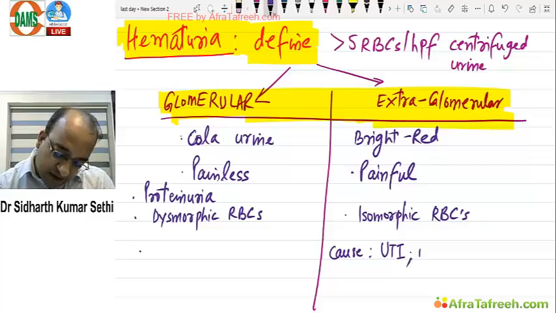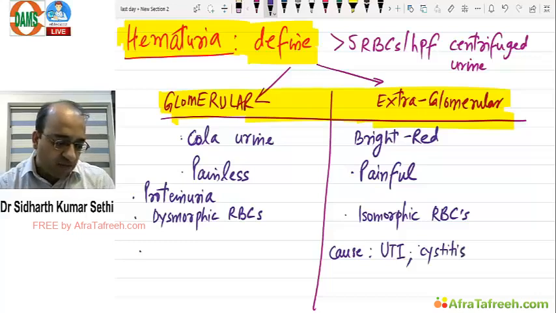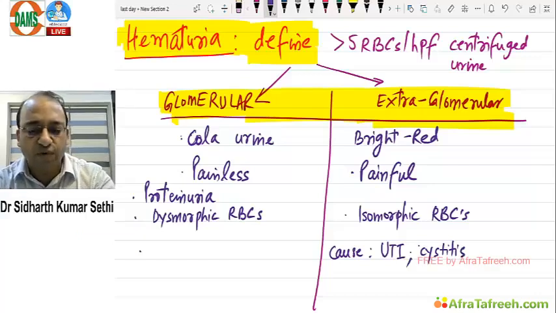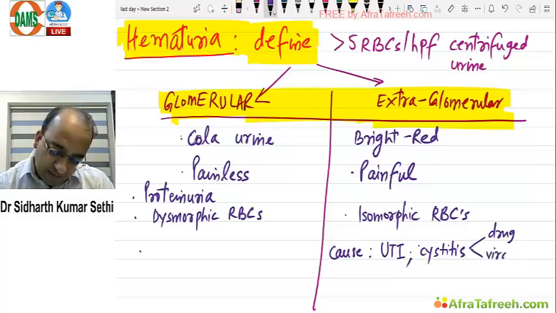Other causes can be hemorrhagic cystitis. Let's write hemorrhagic cystitis first. It can be drug related, for example cyclophosphamide, or it can be viral.